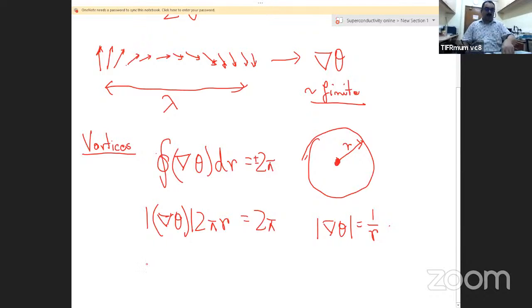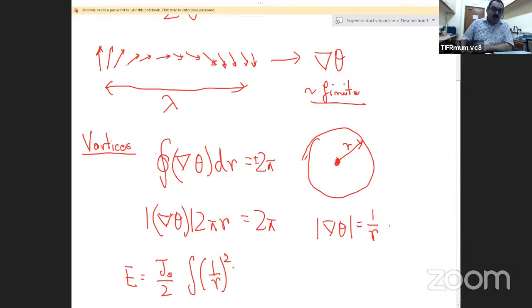If the modulus is 1 by r, then the energy, I know from the expression of the Hamiltonian, is Js by 2 times the integral of grad theta mod square, which is 1 by r whole square.